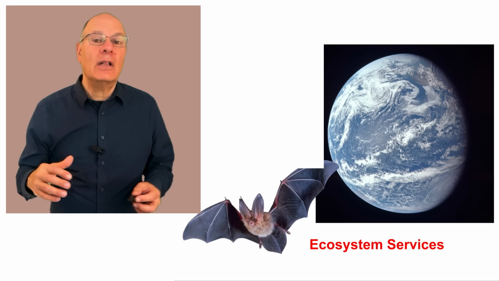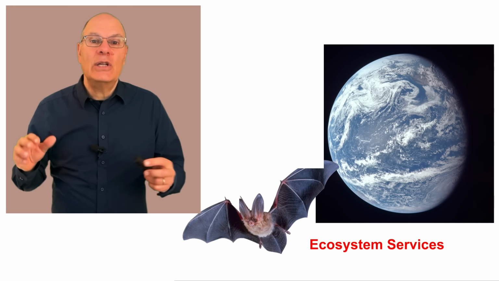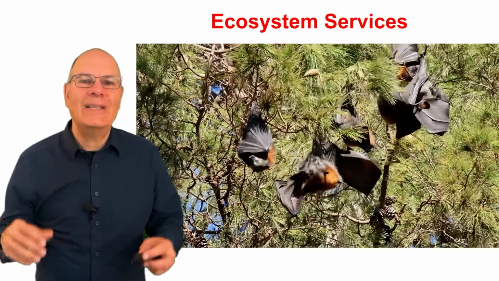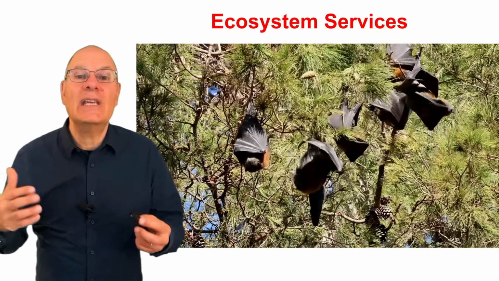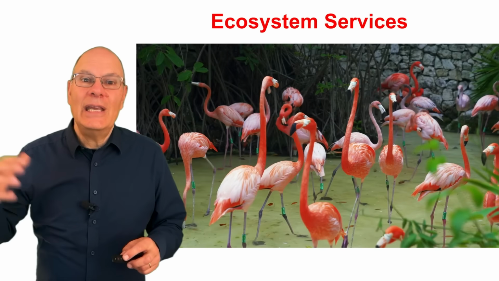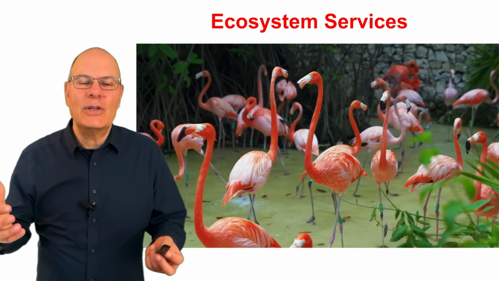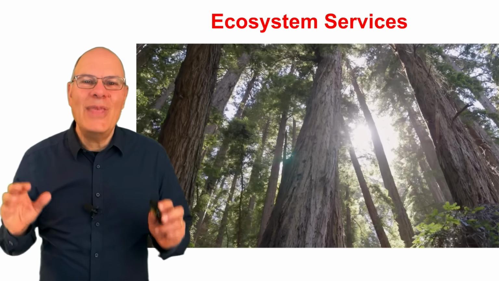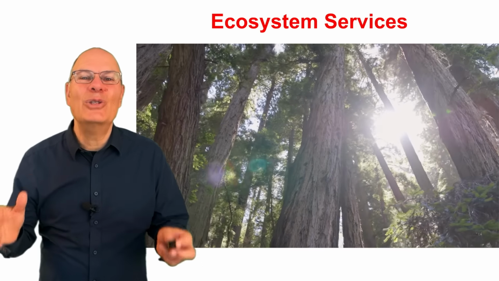That can mitigate climate change. That is an important ecosystem service. The bats that fly around eating insects, that keeps insects under control, another ecosystem service. The economic benefit of ecosystems that are intact and healthy is incalculable, and that's the benefit of biodiversity.